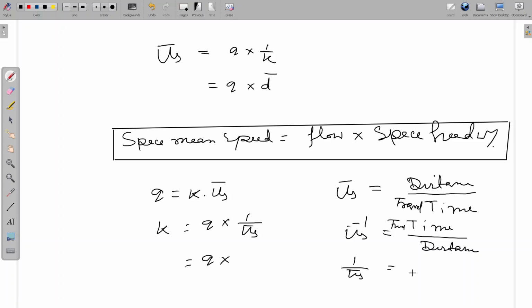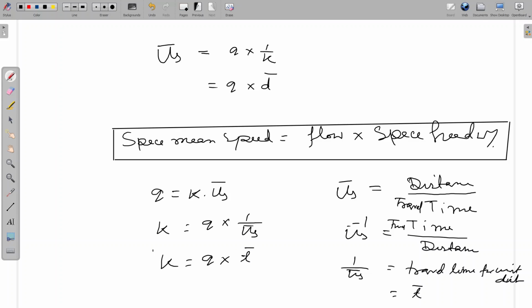That means for covering a certain distance, say a unit distance of 1 meter or 1 kilometer, what is the travel time? That is the inverse of speed, which we can find out. So simply we can say the inverse of space mean speed is nothing but the travel time per unit distance. Some books denote it by t-bar.